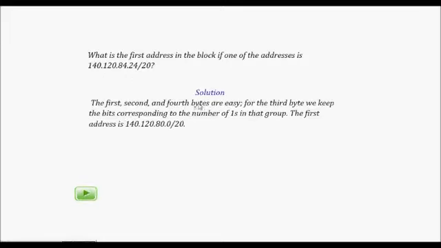So the first, second and third bytes are easy. Only the last 12 bits we want to make 0. Last 12 bits means the last 8 bits will be 0, so the last decimal will become 0. Now 84 is 64 plus 16 plus 4.